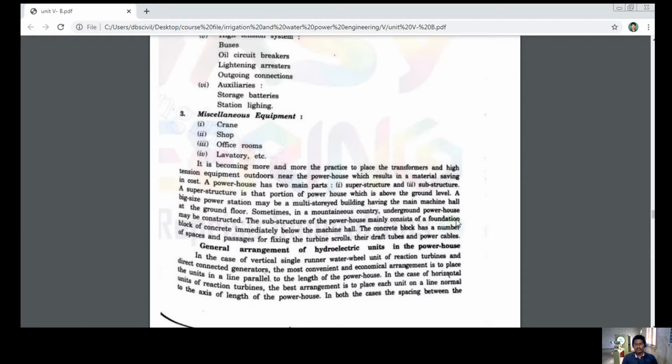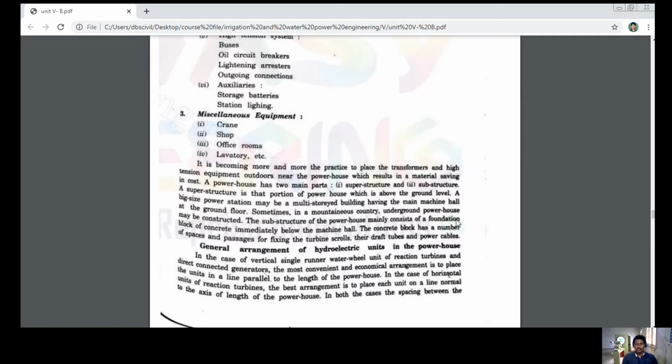If we place the transformer and high tension equipment very near to the powerhouse, we will save considerable material in the connection between the powerhouse and the transformer.